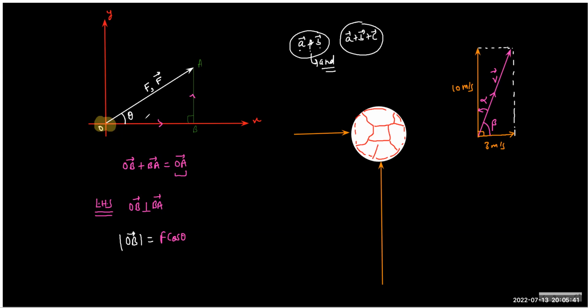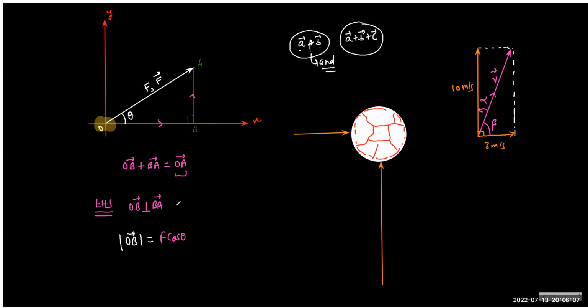Try to understand this. Theta is representing the angular distance. You can think this way. So what is the angular distance of the force from the x-axis? Theta is the angular distance of the force F with respect to the x-axis.